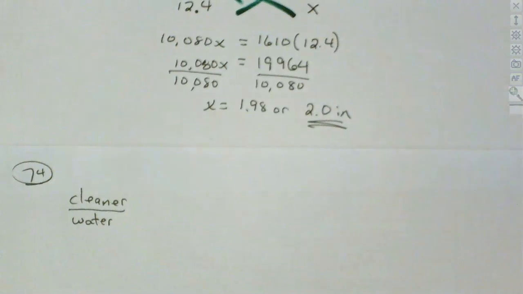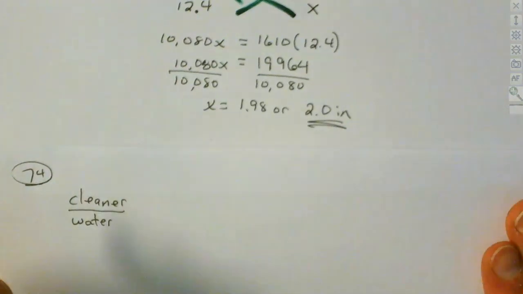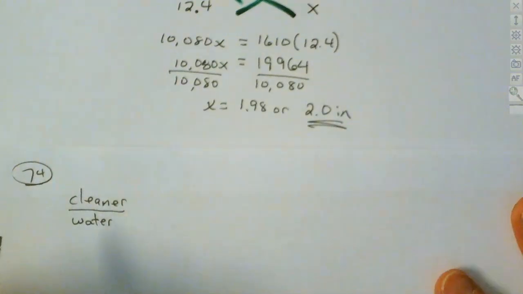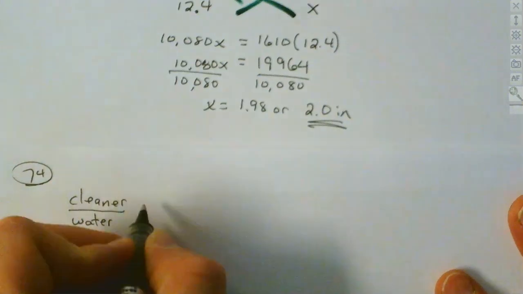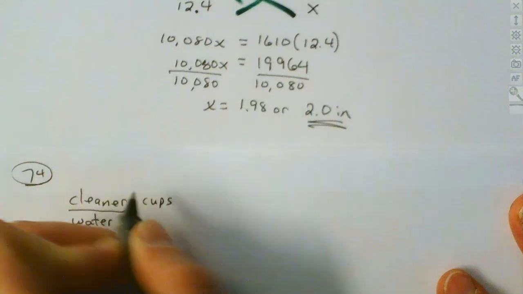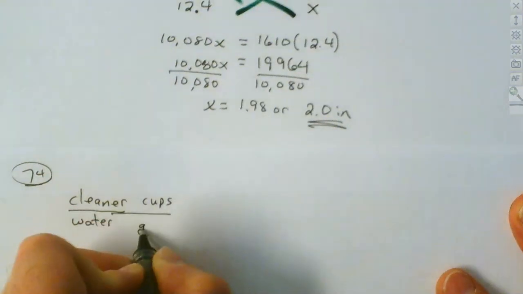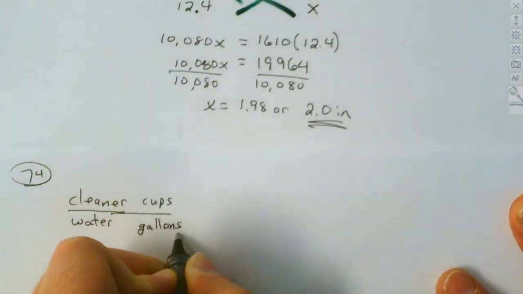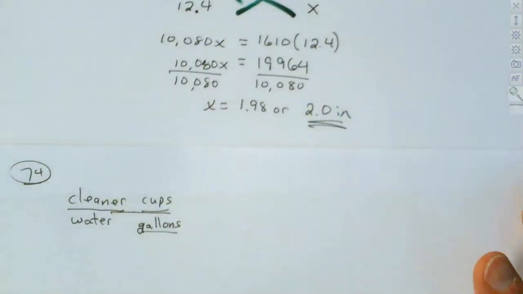So let's start looking at our directions. Okay, the directions on this cleaner say that it is a half a cup of cleaner for each gallon of water. And the cleaner is in cups, and the water is going to be in gallons. So the cleaner over the gallons of water.